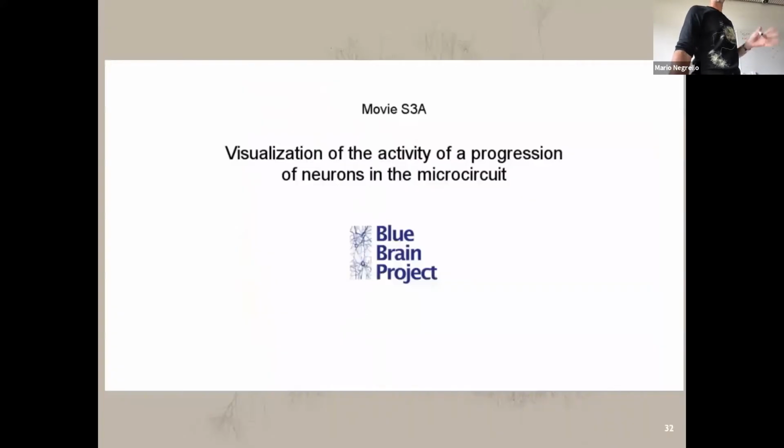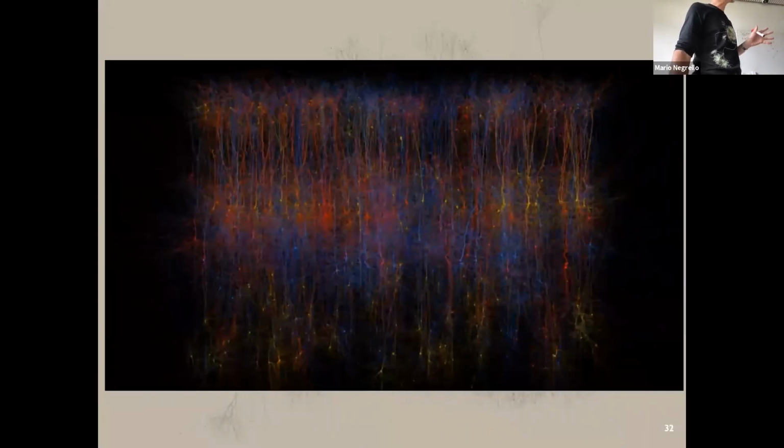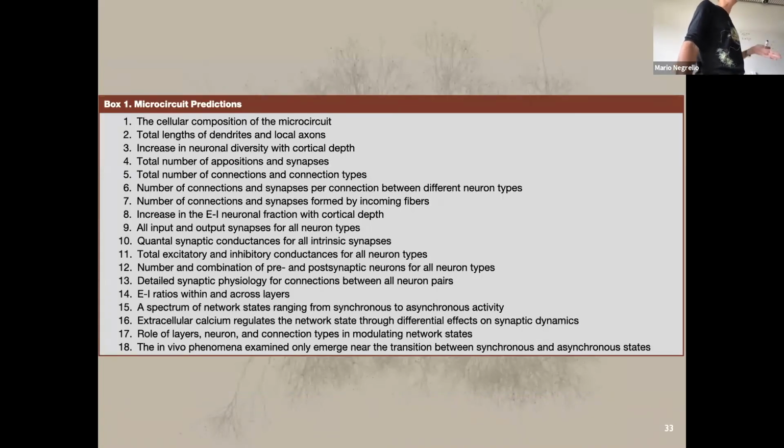I'm not going to go into the details, but there are a number of predictions that came out of the circuit from this paper which are very compelling. Some of which we didn't know about, some of which we have already tested positively, and some of which are wrong, and then we're going to have to work more.